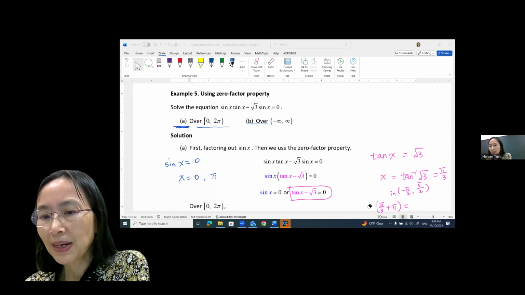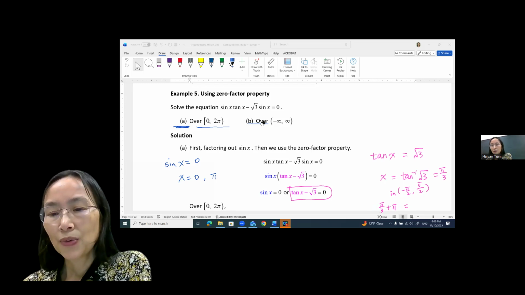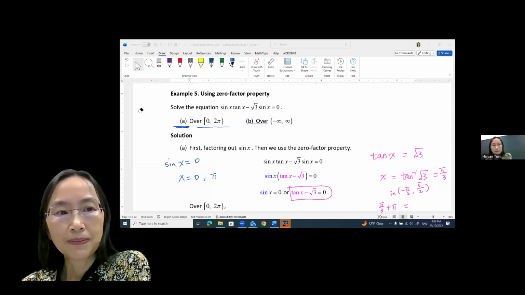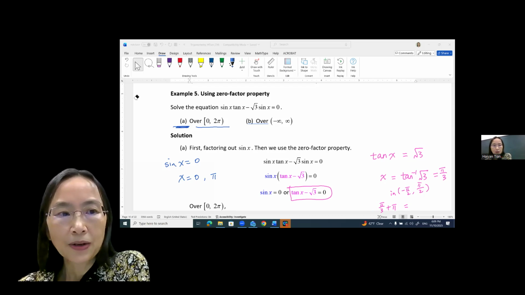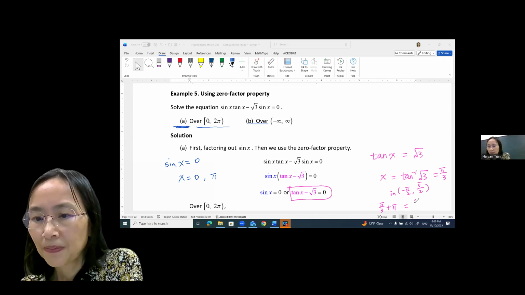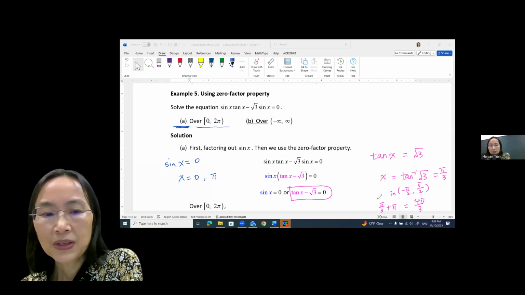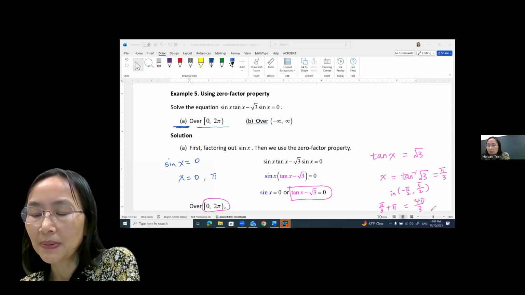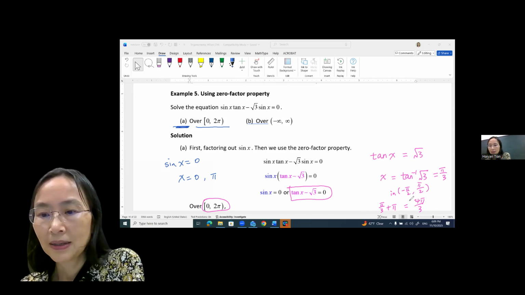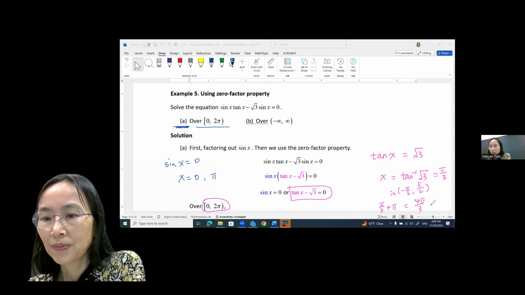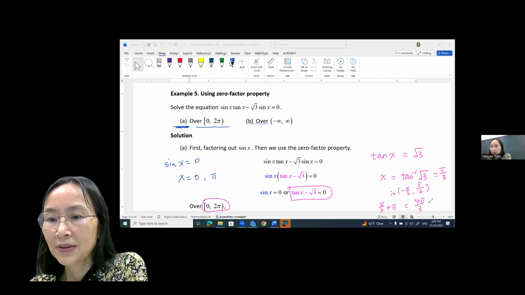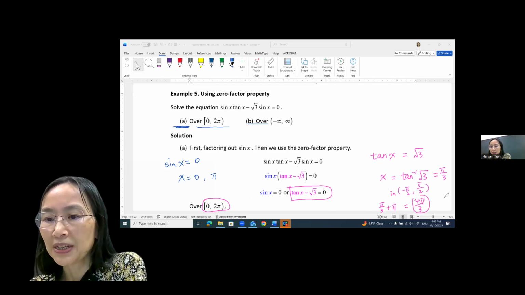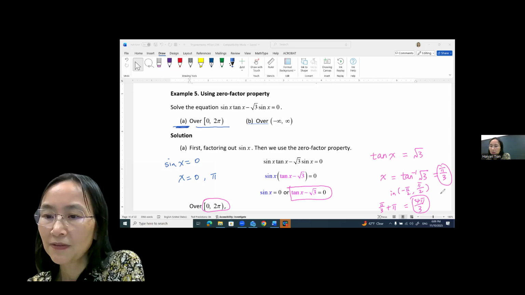Pi over 3 plus pi, we get 4 pi over 3. You see, that is still in this interval. But if you add another pi, it's going to go beyond that interval. So we have two solutions. One is pi over 3, which using tangent inverse we can find immediately.